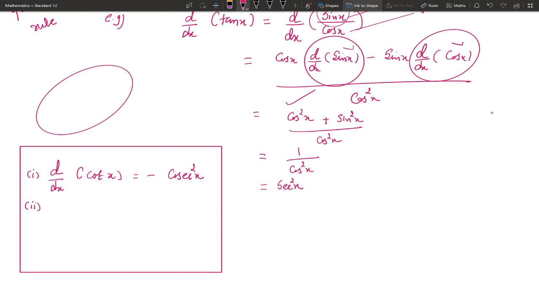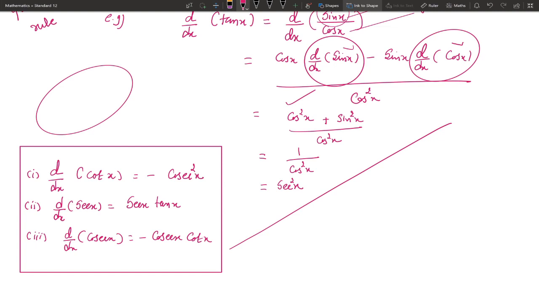Second, d by dx of sec x, it is sec x into tan x. And third one, d by dx of cosec x, it is minus cosec x into cot x.